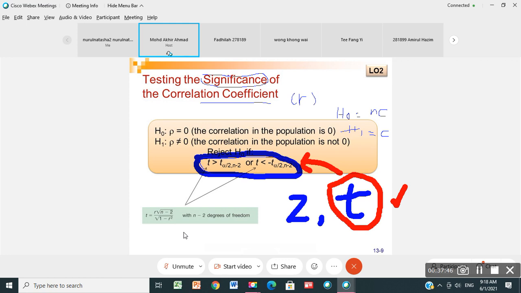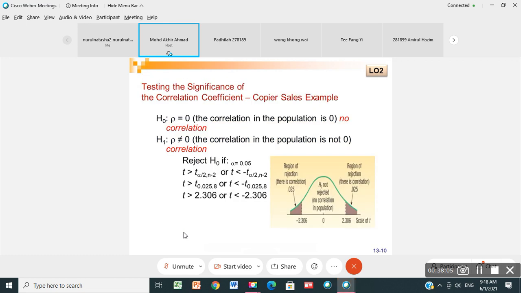Now, for the t, we use this formula: t equals r times square root of n minus 2, divided by square root of 1 minus r squared, to identify the t value. Then the next step, just now I said H0 is no correlation and H1 is correlation. So we use the t: we reject H0 if t is more or less than t alpha divided by 2, n minus 2.